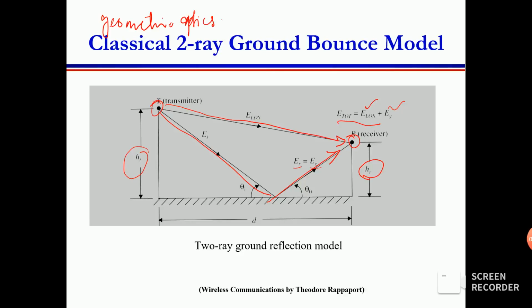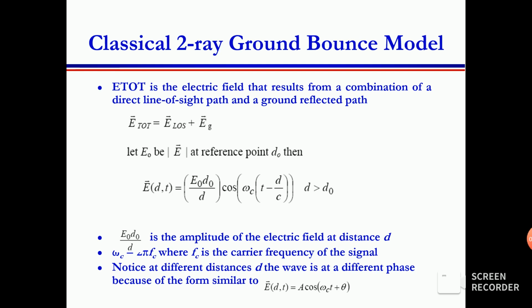E0 is the free space electric field in volts per meter at the distance D0 from the transmitter to the receiver. That is for D greater than D0, and this should be greater than the Fraunhofer distance. The free space propagating electric field E is a function of the distance between the transmitter and the receiver, with time t.